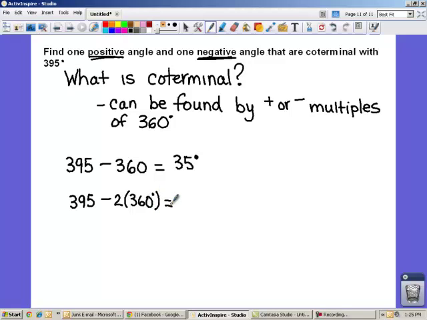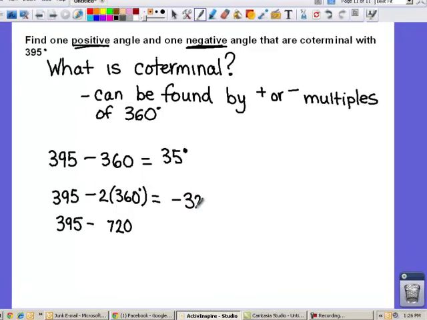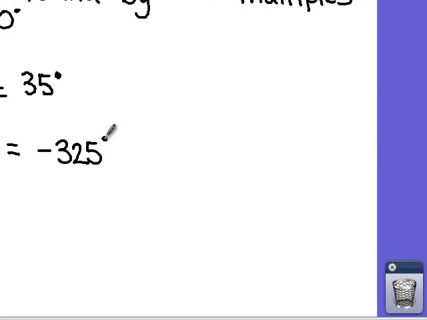Well, if I did that, that would make this 395 minus 720. I'm definitely going to get a negative number out of this. So that comes out to be negative 325. Now I have a negative angle out of this.